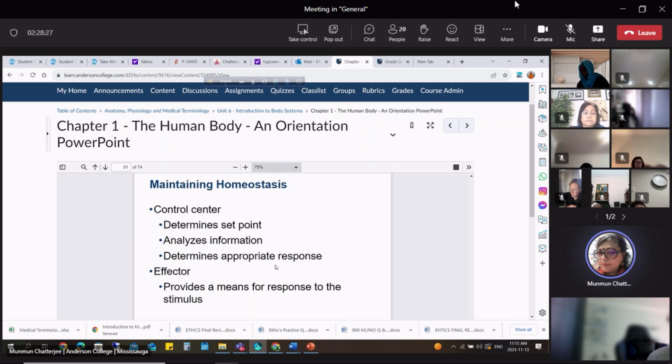Then how do you maintain homeostasis? The control center determines the set point. Set point means where the control center, the brain, has to send the signal ultimately.